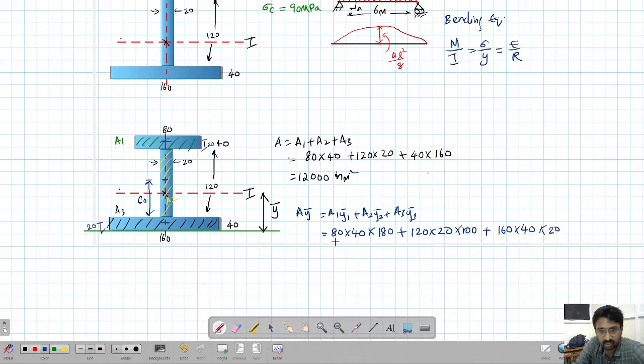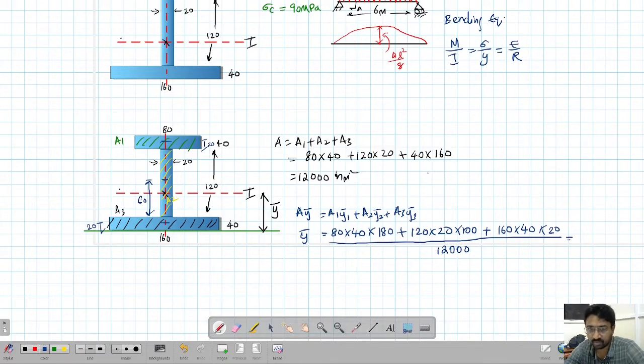So we can say y bar equals this divided by the area, and the area is nothing but 12,000. Let's calculate this very fast. This is 80 times 40 times 180 plus 120 times 20 times 100 plus 160 times 40 times 20, divided by 12,000.